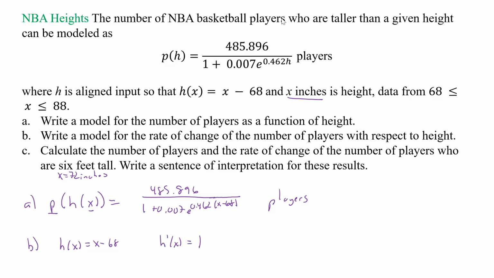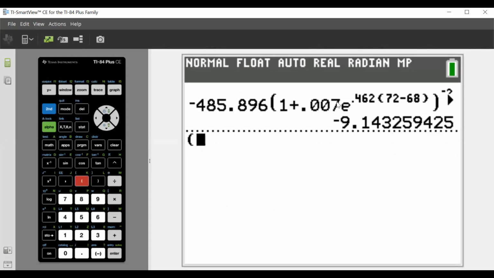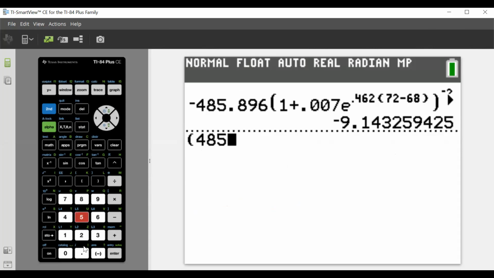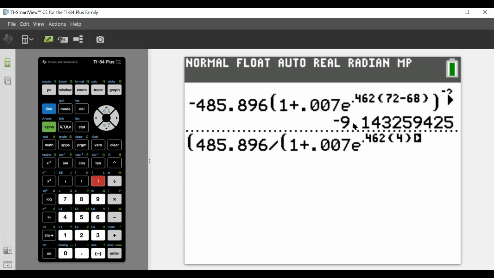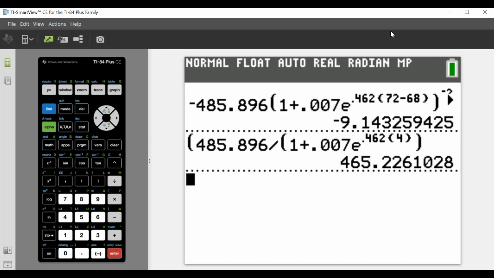Yeah, so that's what I got. So we're just going to have the 485.896 divided by the 1 plus 0.007, then e to the 0.462 times 4, because I just did that in my head, and then parenthesis, and that should give us 465.226.